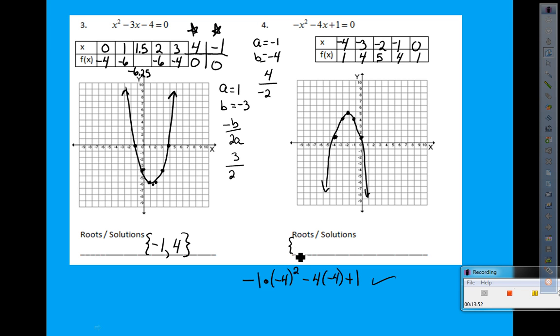So I'm going to put between -5 and -4, semicolon. And then my other answer looks like it's between 0 and 1. So for my other one, I'm going to put between 0 and 1.